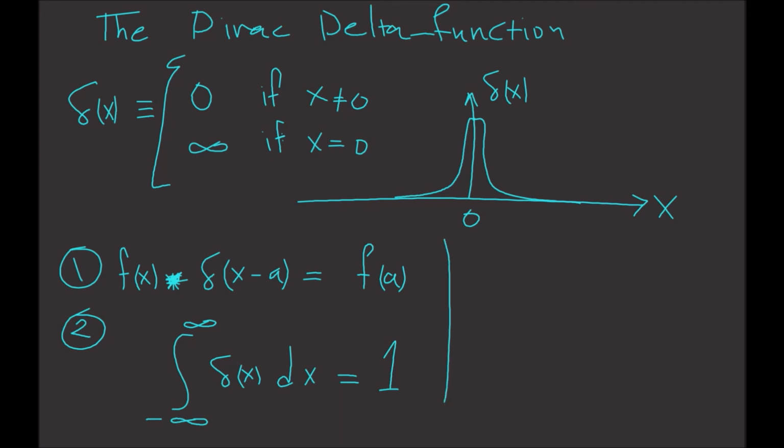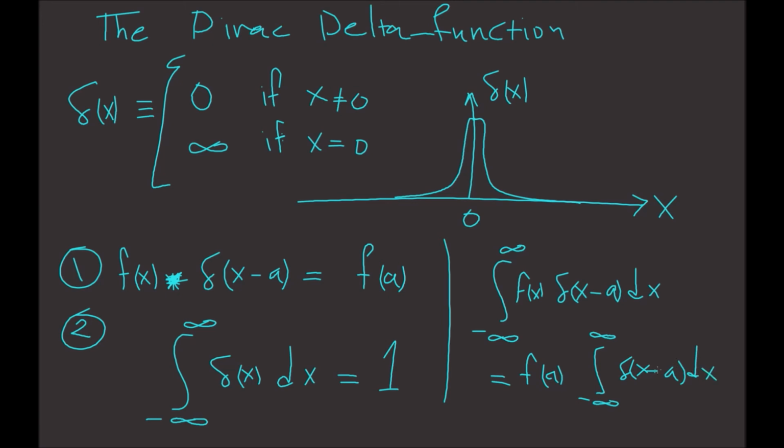So now if we integrate from negative infinity to infinity any function f of x times delta of x minus a dx, this is going to give us f of a times the integral from negative infinity to infinity of delta of x minus a dx, and that's just 1, so this integral is equal to f of a, right?